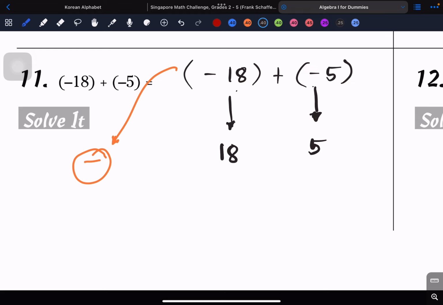Ang rule ay ipa-plus. Ha? Ipa-plus kapag parehas yung sign nila. Again, kapag kapareho ang sign, parehas silang negative, kunin ang absolute value at i-add.